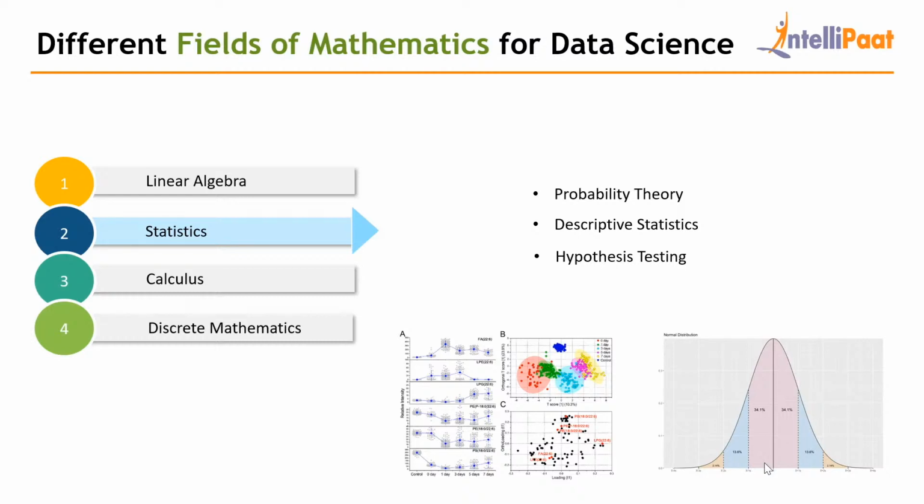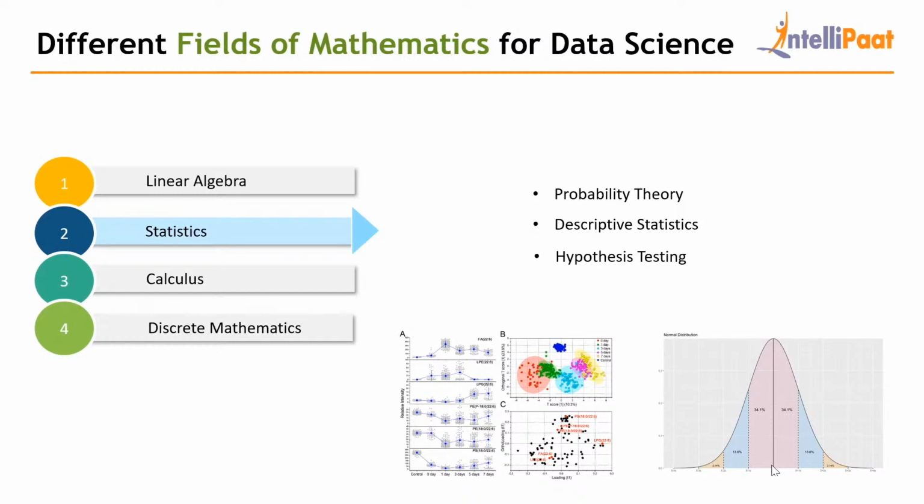And then comes hypothesis testing. Hypothesis testing is used to interpret the data and draw conclusions about the data, about what parameters are given in the data. It is used to compare two data sets and a sample, and we can draw conclusions from the data set by taking a sample of the data and performing hypothesis testing on it.